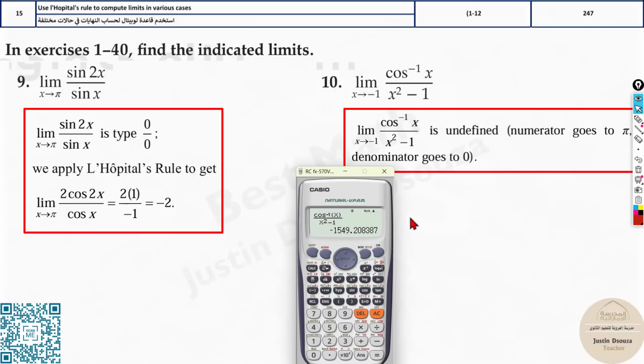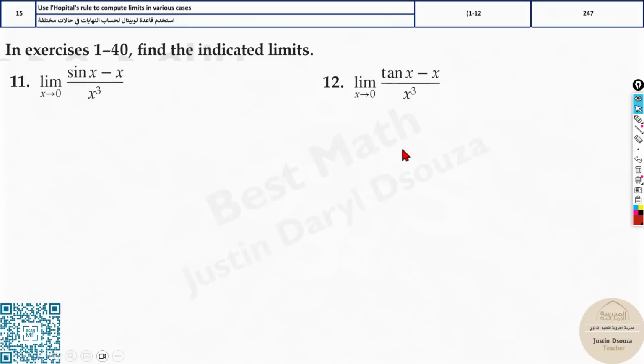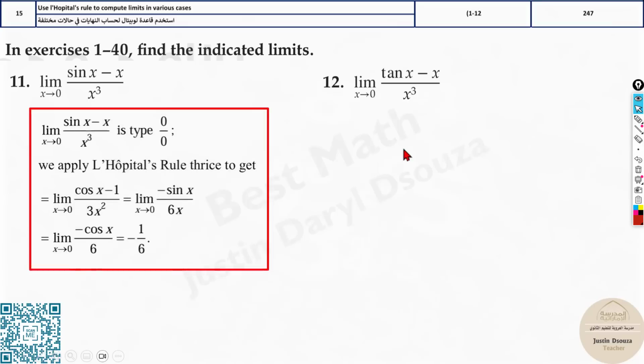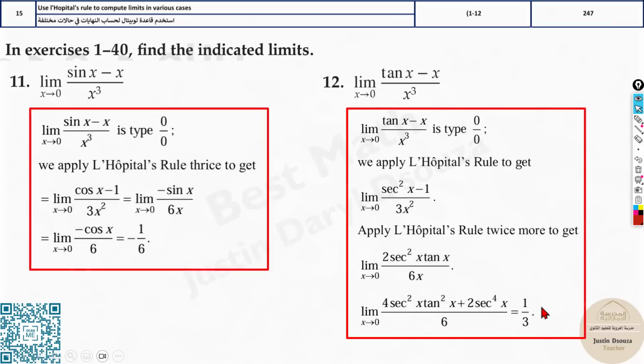So on one side we are getting a math error, which is undefined, and on the other side we are getting a big value. If you keep changing it over here, 0.999, see, here you're getting minus infinity. It goes to a big value, but over there was an error, so it's 2 different values. We say it's undefined.